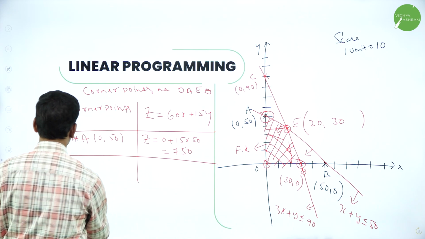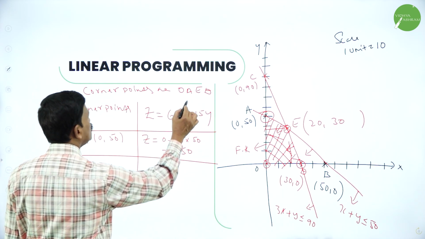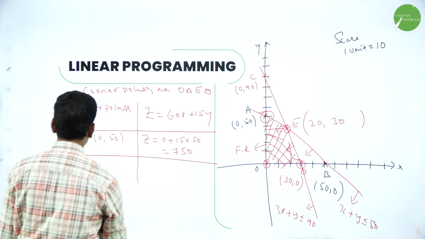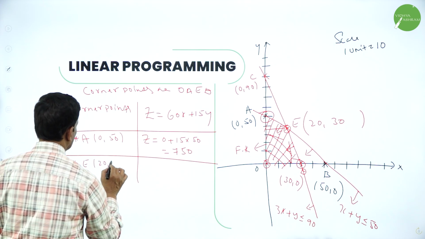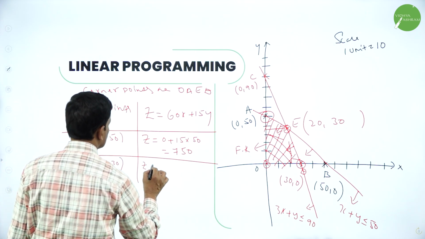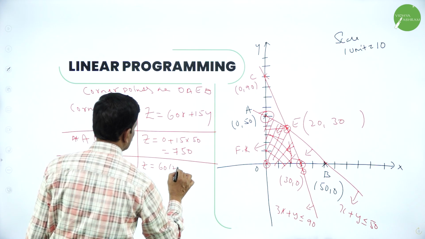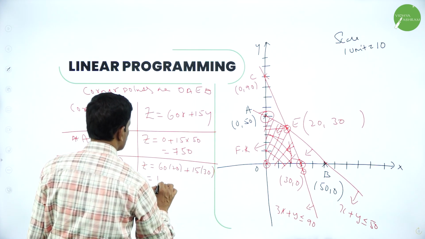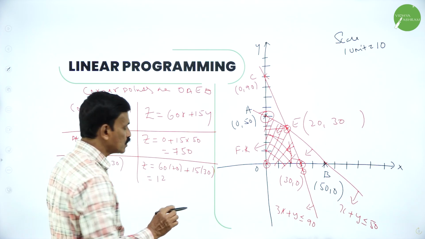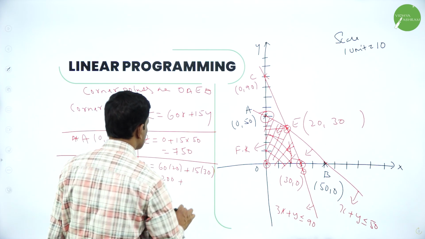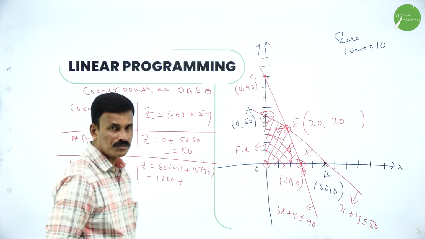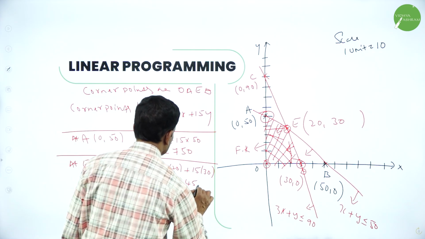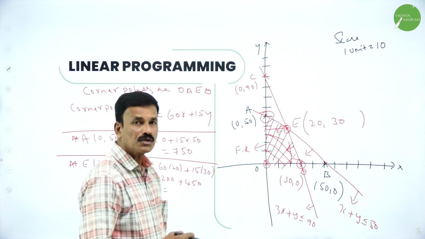Next, at E. What is E? E is (20, 30). Z is equal to 60 into 20 plus 15 into 30. This is 60 into 20 is 1,200 plus 15 into 30, 450. If I add this, 1,650.